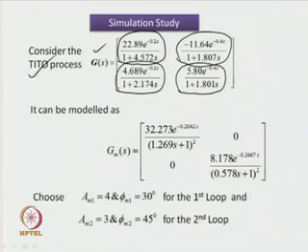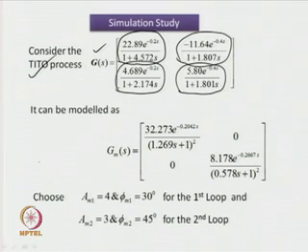The 2 loops of the TITO system have significant interactions. Now, the dynamics of the TITO process, with the help of proper identification procedures, may be obtained in this form.